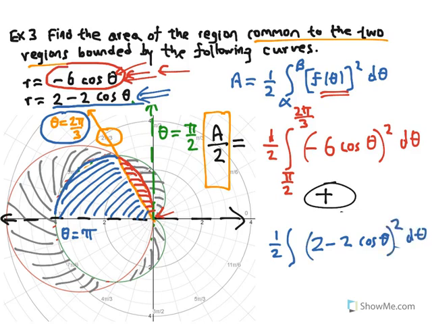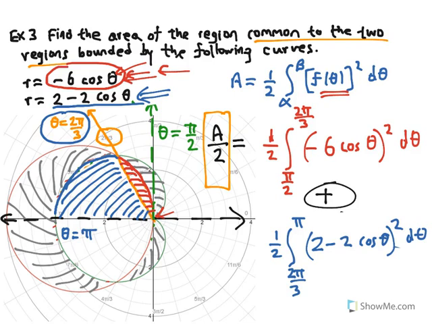But what would be the limits of integration? You can see that the blue region is bounded by the graph of r is equal to 2 minus 2 cosine theta, and the radial lines, theta is equal to 2 pi over 3, and theta is equal to pi. So that's what we have for the areas of the red and the blue regions.